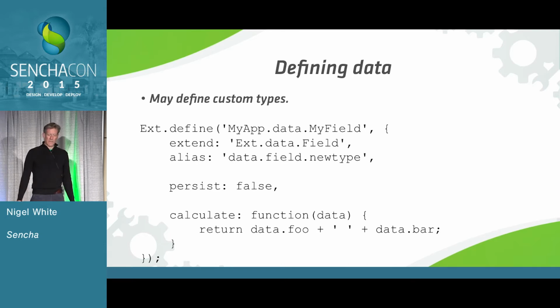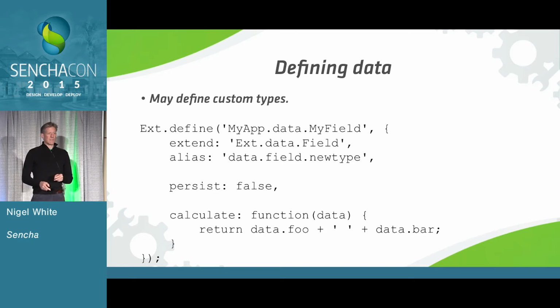We have all the standard types included: string, date, integer, but you can define your own fields. And if you have to aggregate data and make complex types, then this is the way to do it. You define a calculate method on your field, which can pull in data from different input fields in the input data.